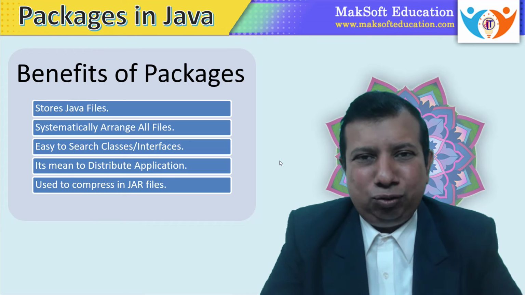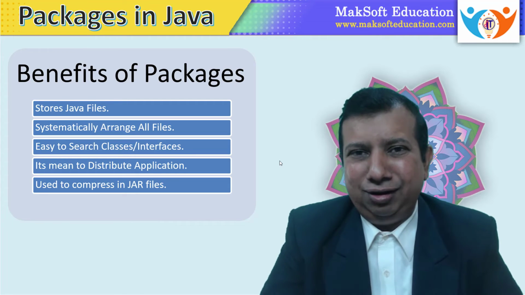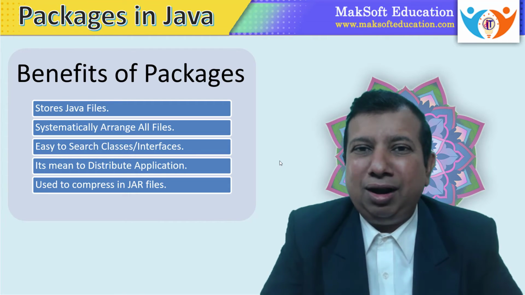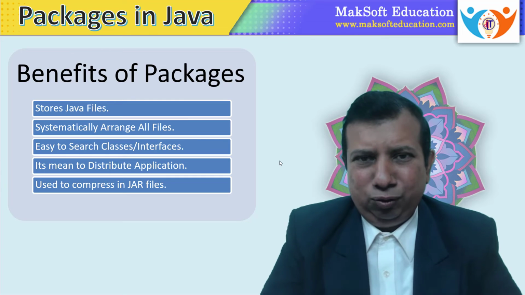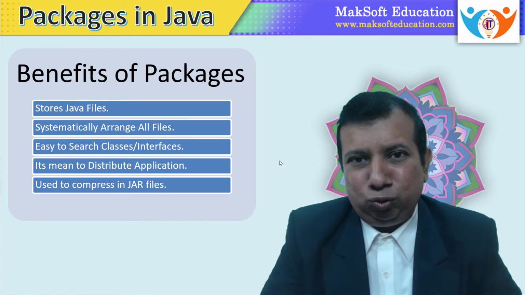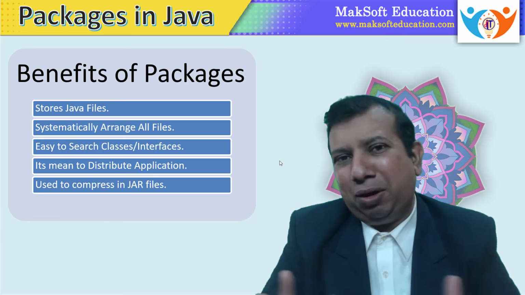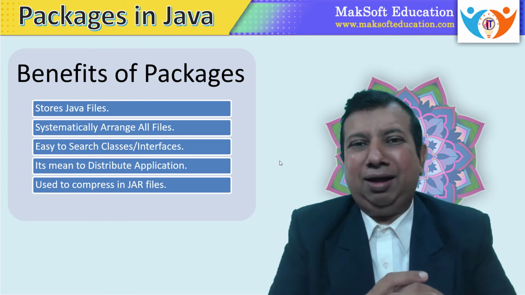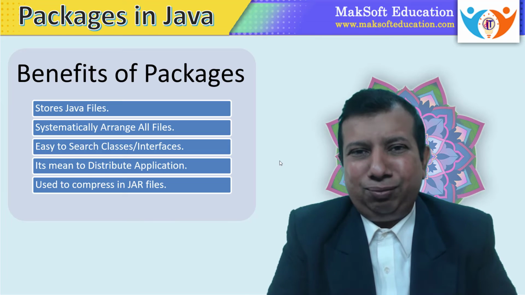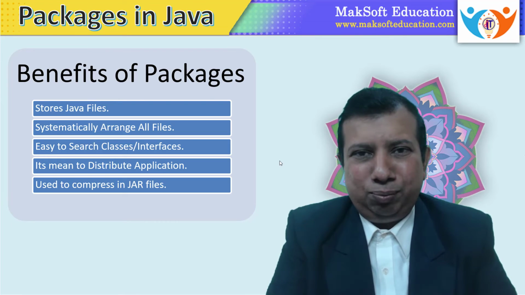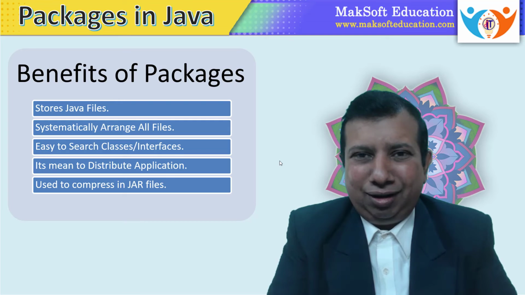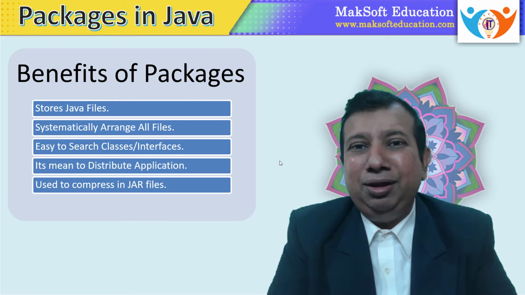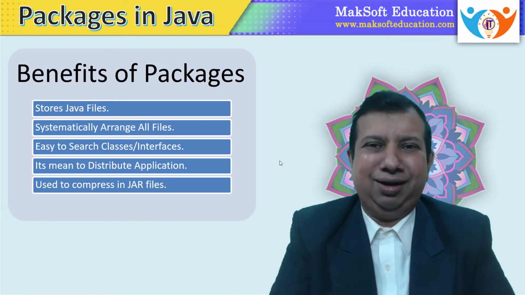It will compress your files, but at the same time it will provide some additional functionalities, and it will be easy for your client to run your application. There are different types and ways to use jar files, but that is a different part to discuss. For the time being, we can understand that because of packages, it will be easy to generate jar files and compress your .class files, and it will be a means to distribute your software at the client side.